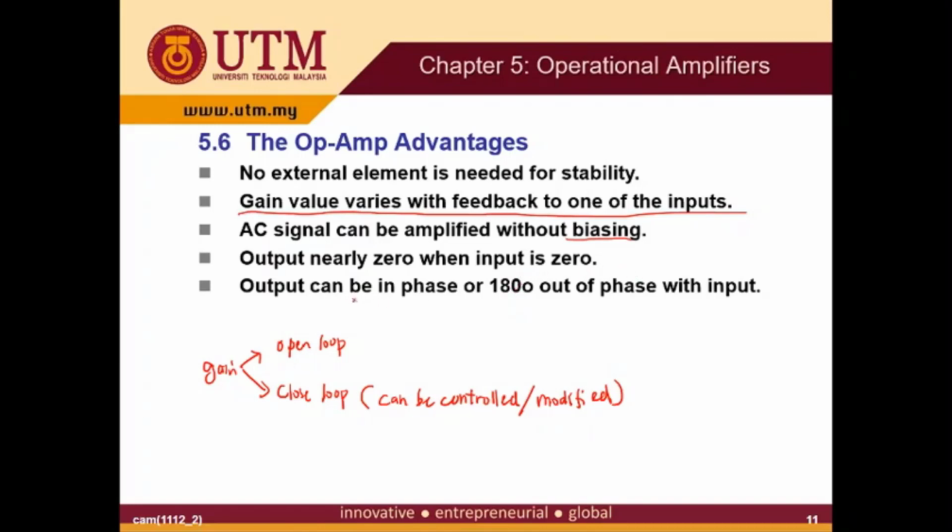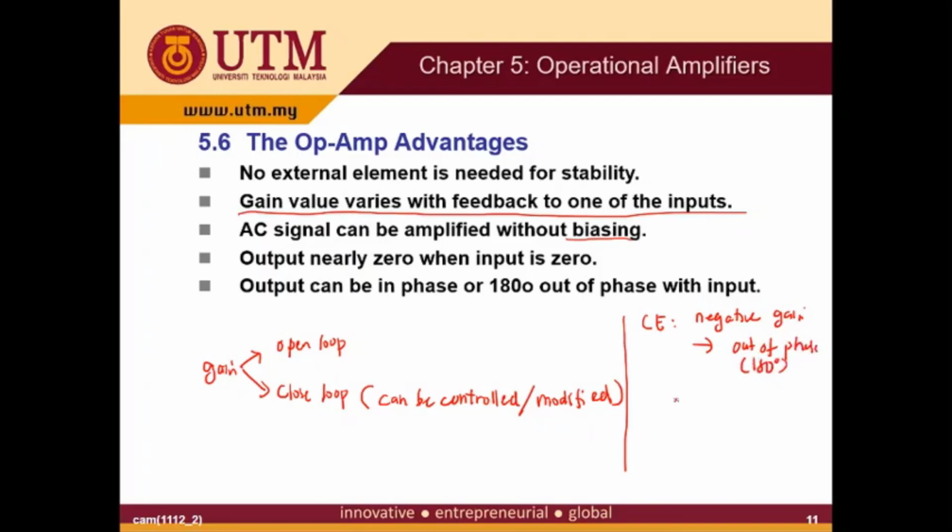Okay, so output can be in phase or 180 degrees out of phase with the input. Sometimes you want an in phase output and sometimes an out of phase output. For a BJT amplifier, for example, the common emitter has a negative gain, which means the output is 180 degrees out of phase.